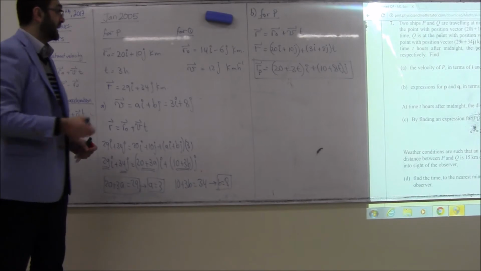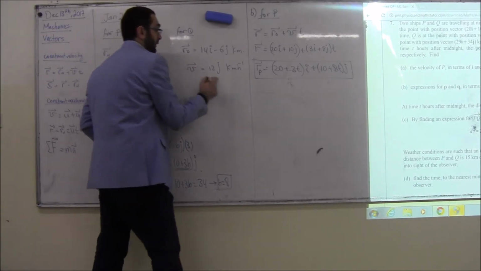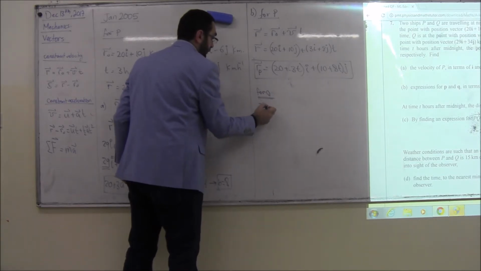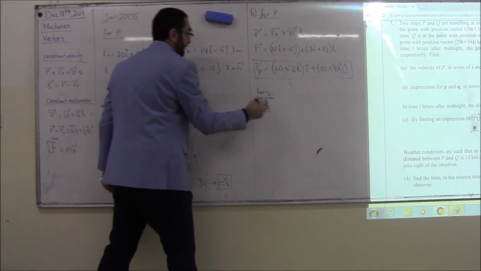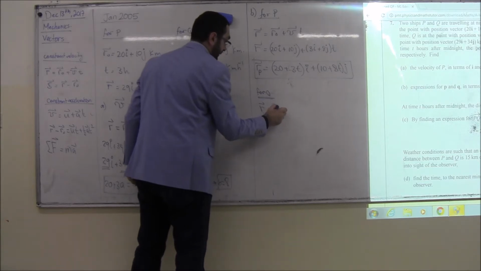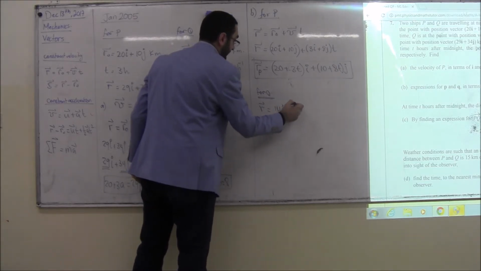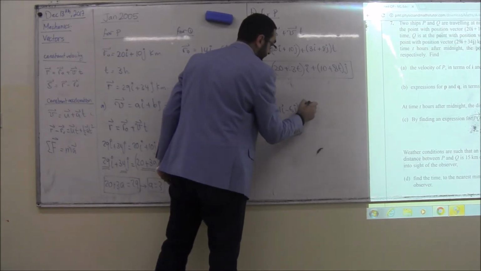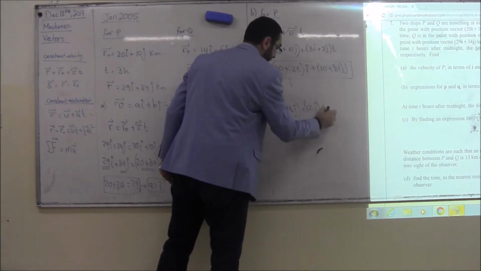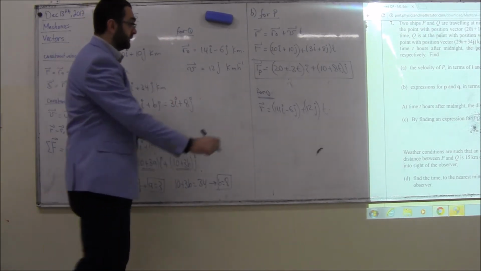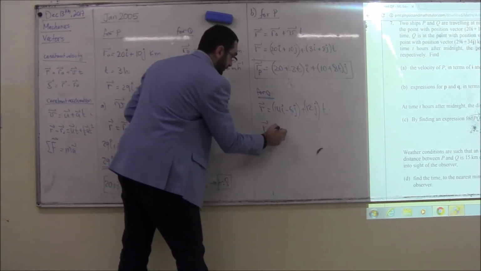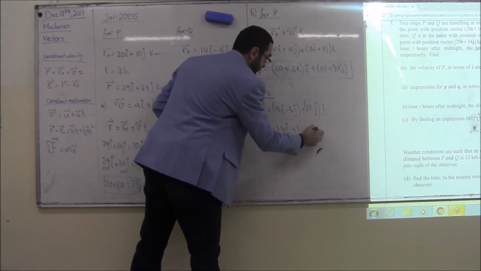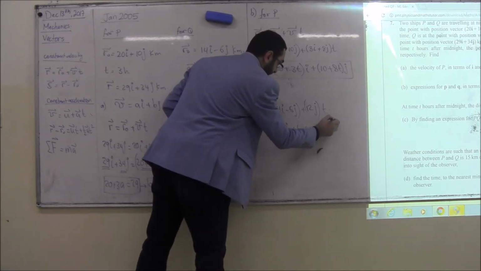Similarly, I have to find the position vector for Q. For Q, R equals the initial 14I minus 6J plus 12J times T. So R equals 14I plus (minus 6 plus 12T)J.